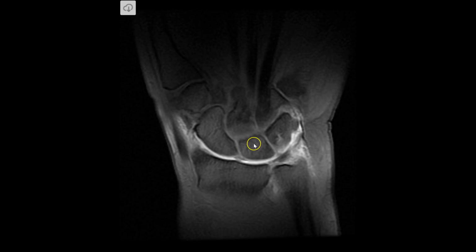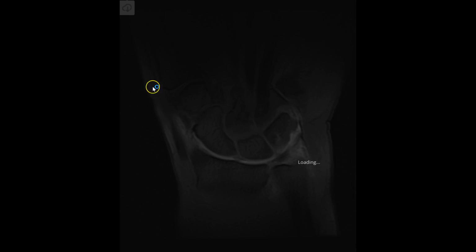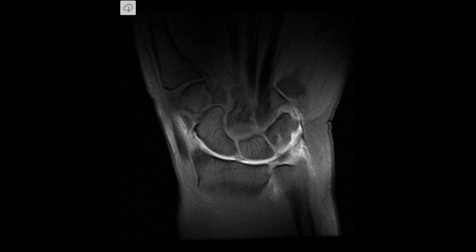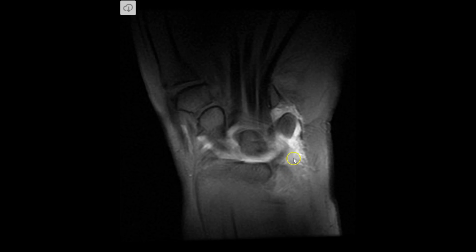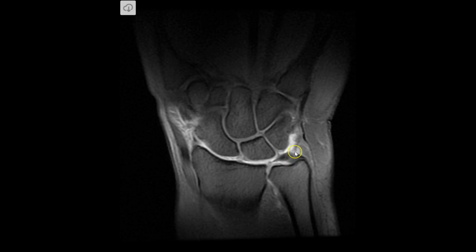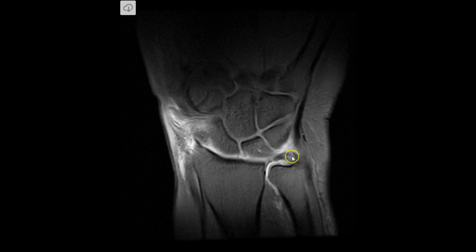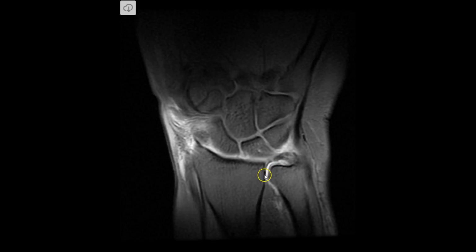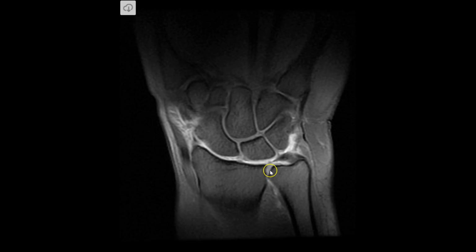And one more case. The first two cases were more typical of an acute traumatic event to the TFCC. Here's a case of degenerative tearing of the TFCC. Again, from Radiopedia, we'll give credit. Again, Dr. Matt Skalski. You can appreciate thickening with internal signal changes of the triangular fibrocartilage complex, contrast material extravasating into the distal radial ulnar joint, and probably most importantly, extensive thinning of the radial side of the triangular fibrocartilage complex.